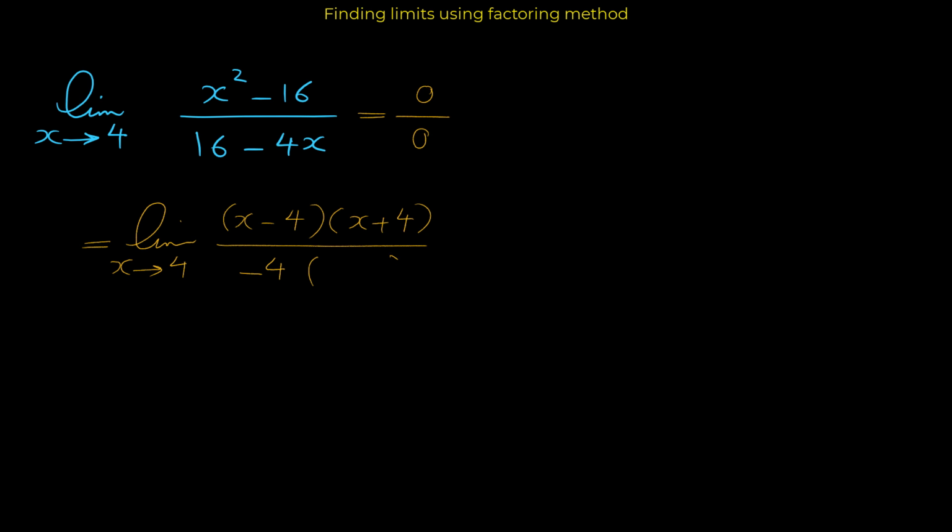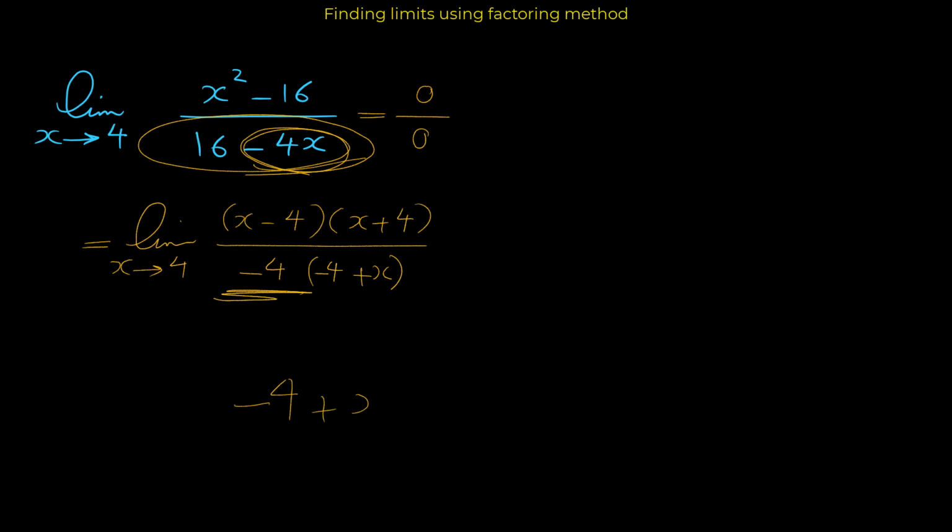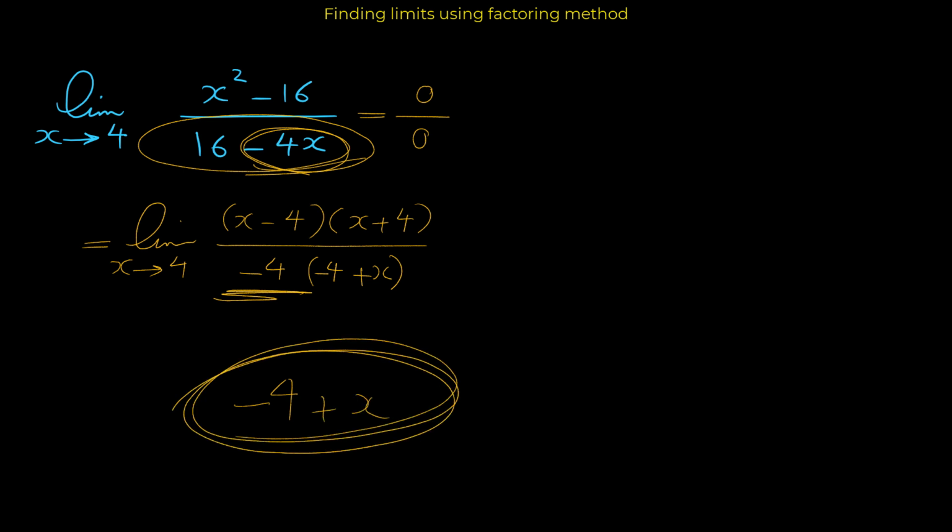And then, if we factor negative 4, what do we have in our bracket? If we factor negative 4 from this expression, from 16, we get negative 4. So that negative 4 times negative 4 is 16. So this is right. And because we factored negative 4 from this term, what remains? Only x. But negative 4 plus x, we don't like to write it like this.